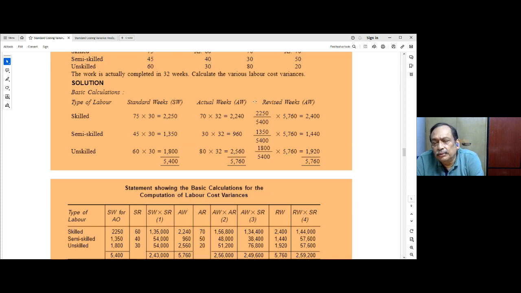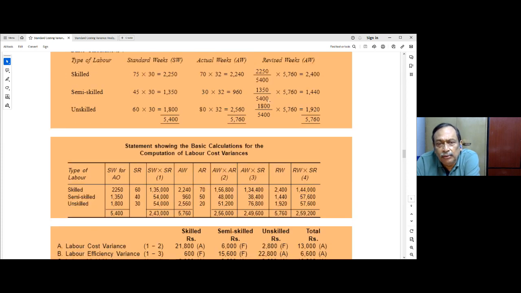So revised weeks comes to 2400. Similarly, for semi-skilled, 1350 divided by 5400 multiplied by 5760, it comes to 1440. Next, 1800 divided by 5400 multiplied by 5760, it comes to 1920. So actual weeks and revised standard weeks total is the same.